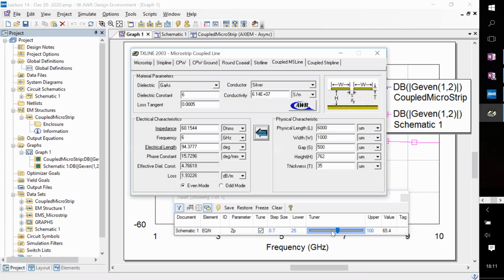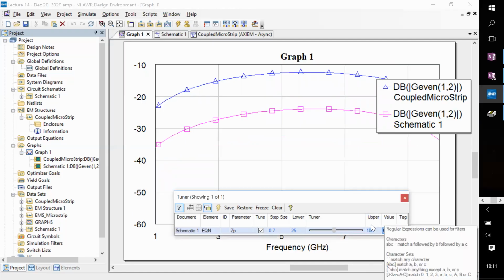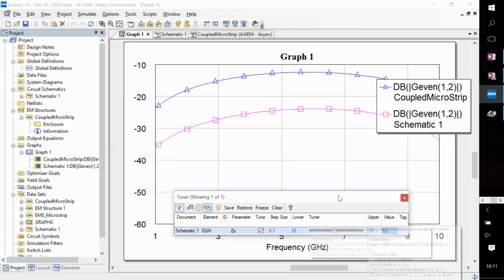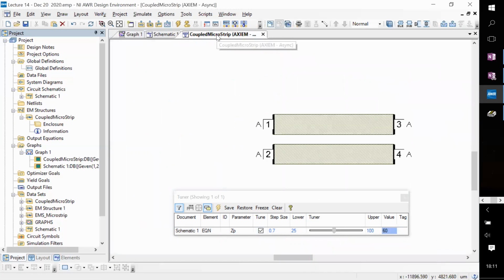And this is what we had, approximately 60 ohms was the even mode impedance. Okay, so how does one actually think about what this measurement is doing?